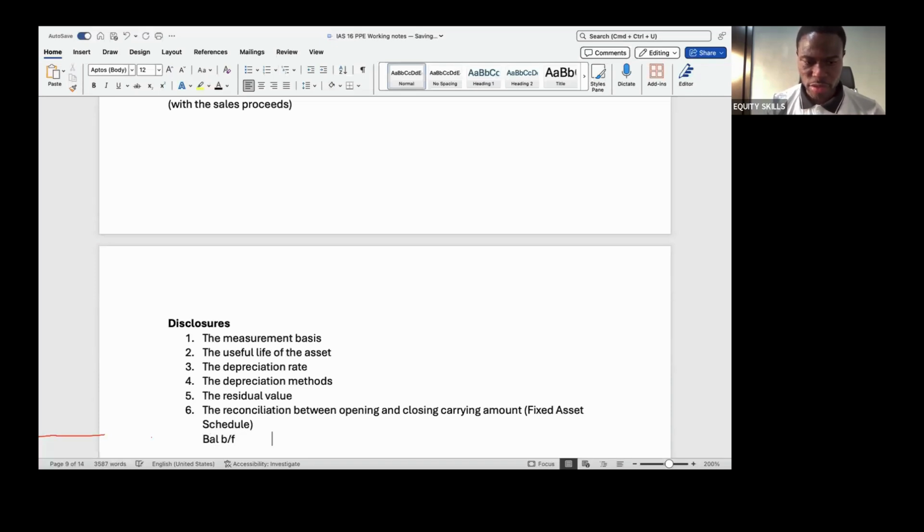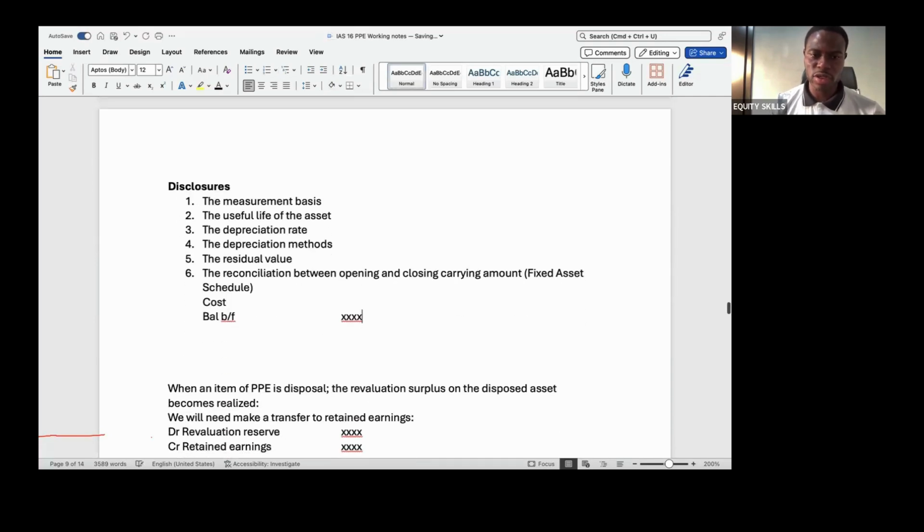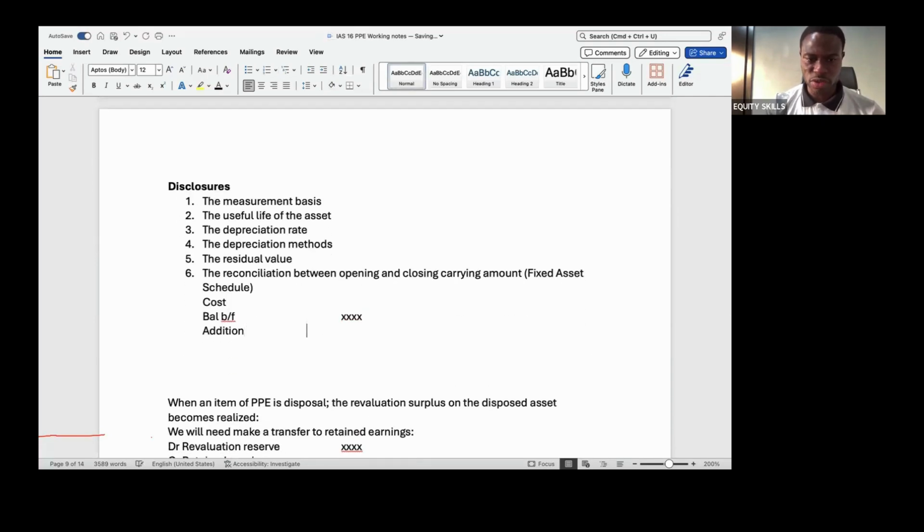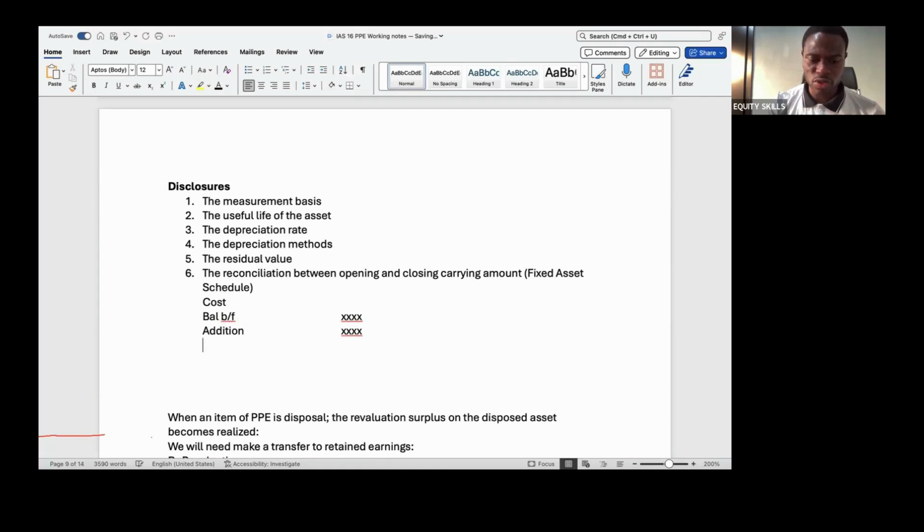Balance brought forward. But they will have costs. We'll now have balance brought forward. We'll have addition. Everything at cost too.